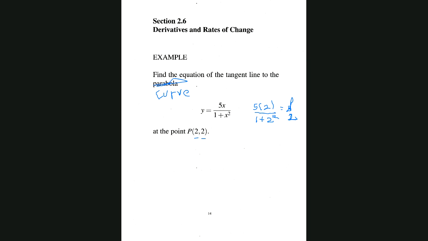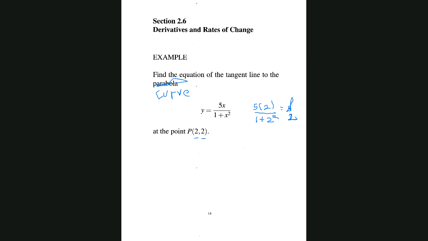Excellent. And in Calculus 2, what's another name for the slope? Slope is a simple name for a derivative. That's right, Kelvin. So we're going to find the derivative of this function at x equals 2.